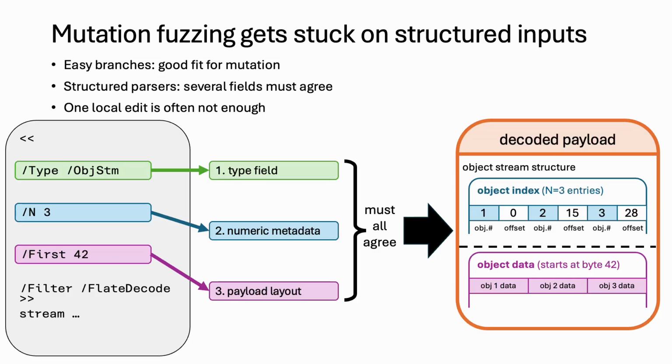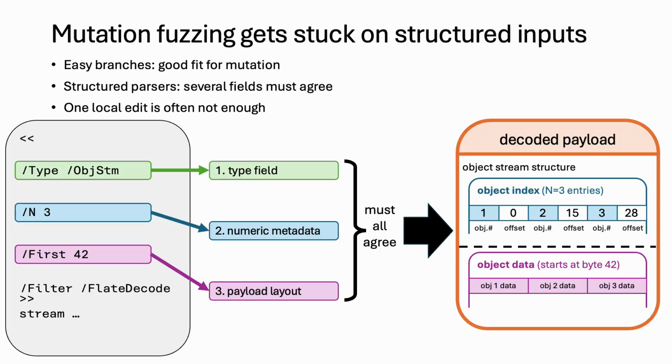And it's not enough if just the fuzzer is able to correct the type field to be an object stream token. It then also needs to have the right numeric metadata and payload layout so that they're all coherent with one another. And then finally it can pass this conditional where it checks whether there's a valid decoded payload.